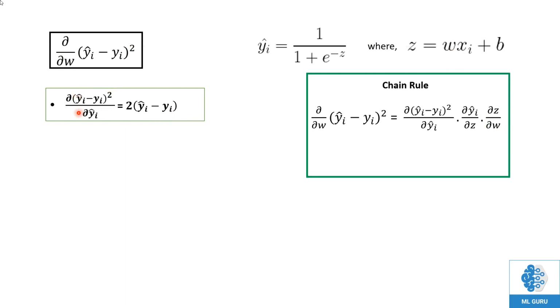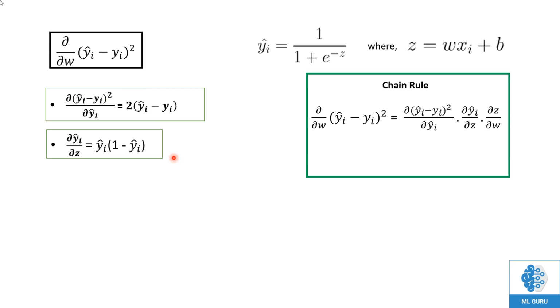We just apply the power rule. We take the 2 down, and you are left with 2 minus 1, which is just 1, multiplied by the partial derivative of the term inside the bracket with respect to yi hat, which is nothing but 1, because the other term becomes 0. So this multiplied by 1 is nothing but this term itself.